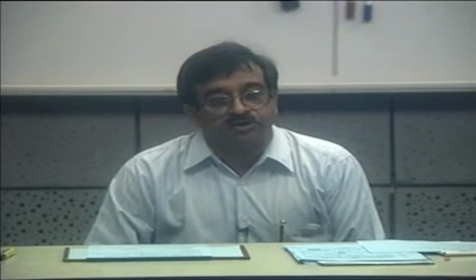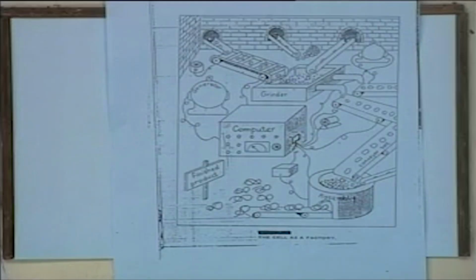You can conceive of the most complex chemical processing plant, say for example a petrochemical complex, where petroleum is fractionated into various products, and I would like to give you a very simplified analogy of a living cell to that of a chemical process plant.